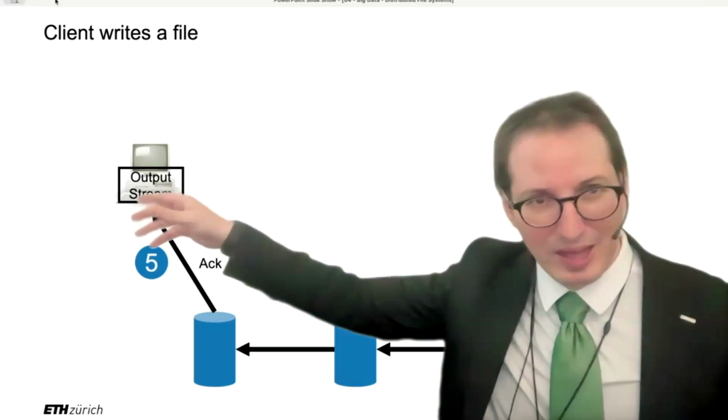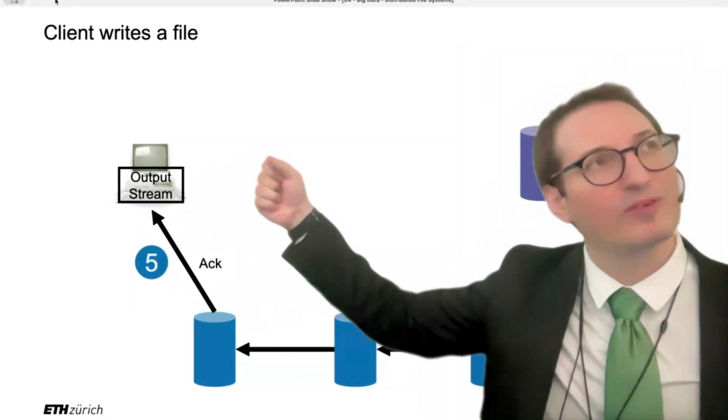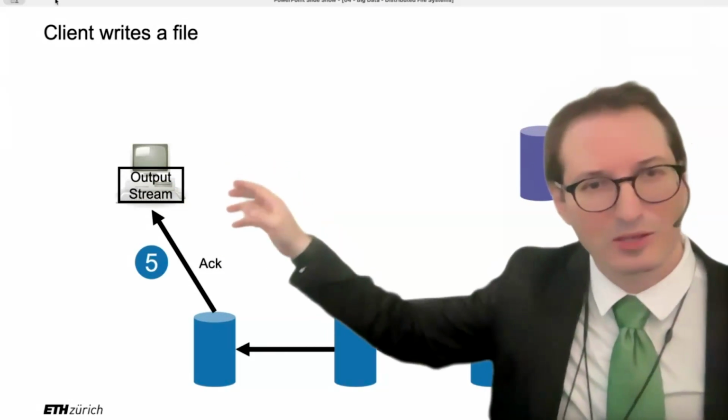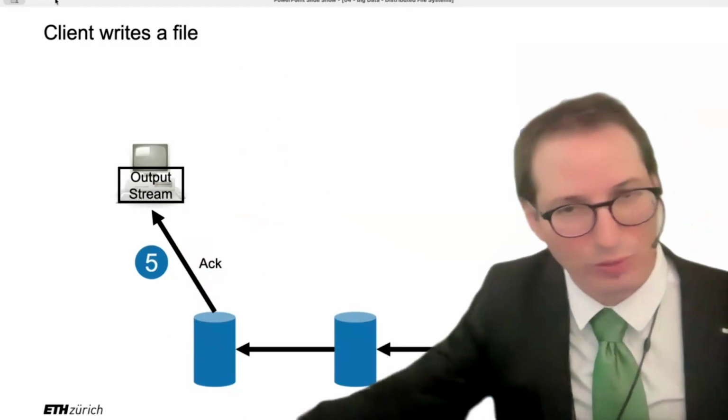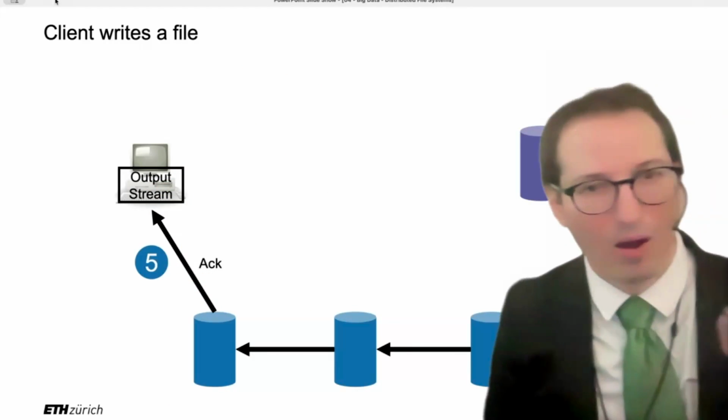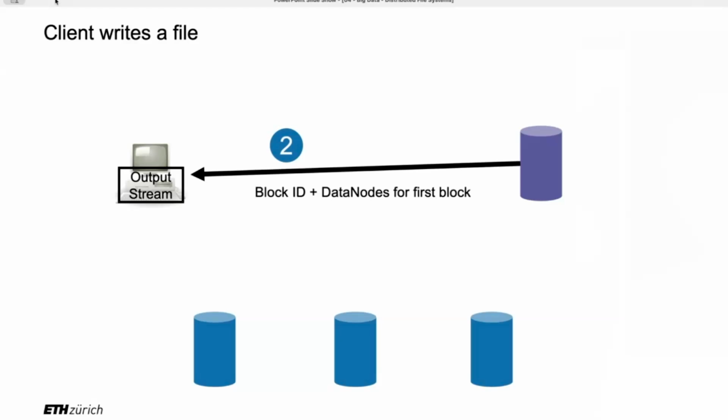So again, we have an ack. I can't remember if it's called an ack queue or an ack. There is a name. Basically, there is a data structure that keeps track of how many acks you've received for every network packet. Once there is at least 1 ack for every network packet, the client considers that block written and will connect to the name node for the second block.